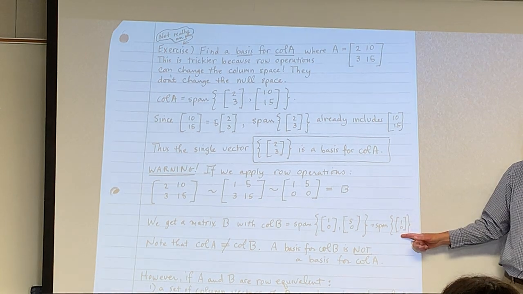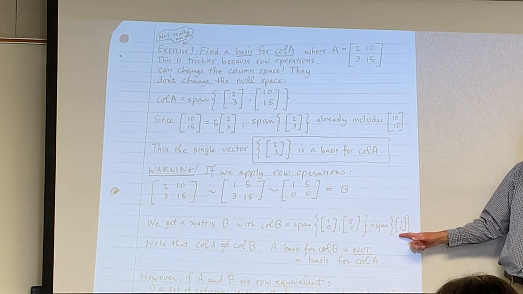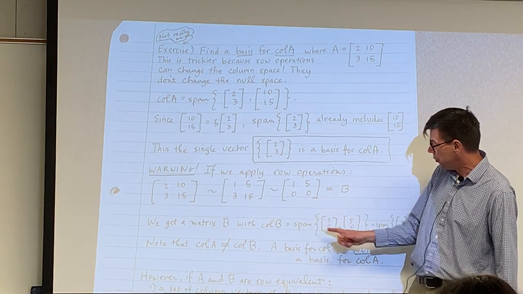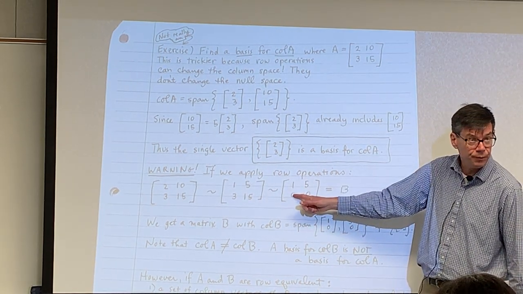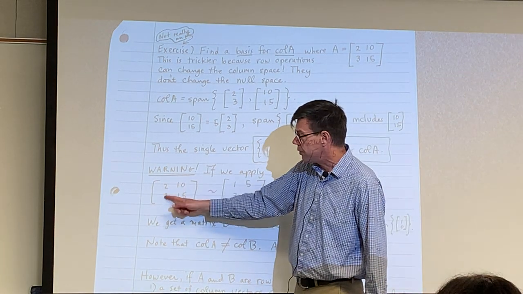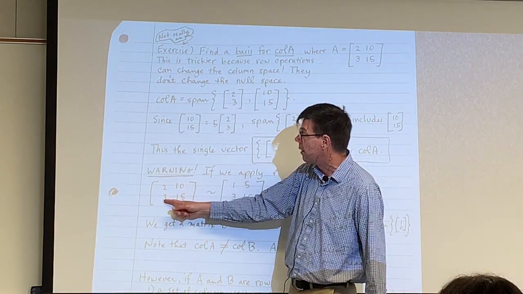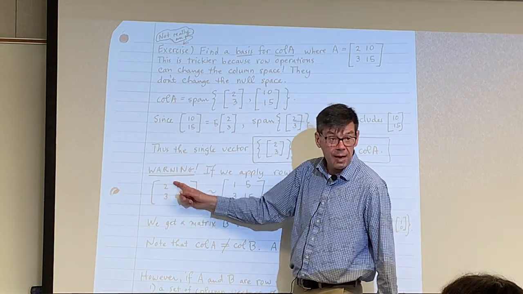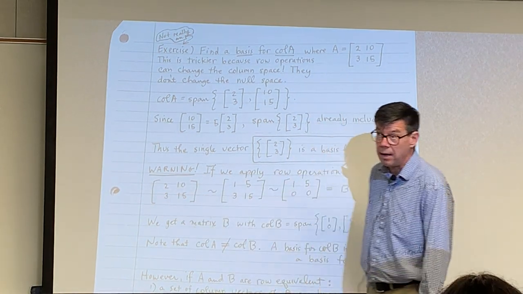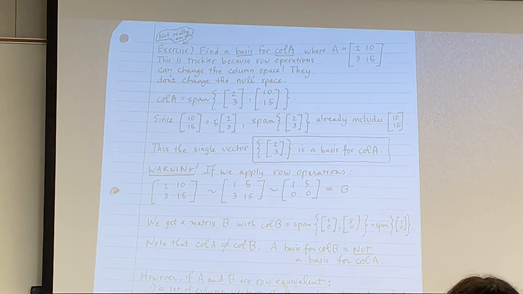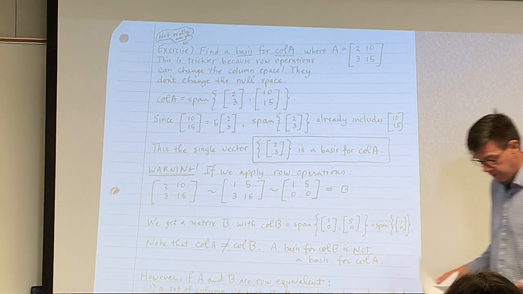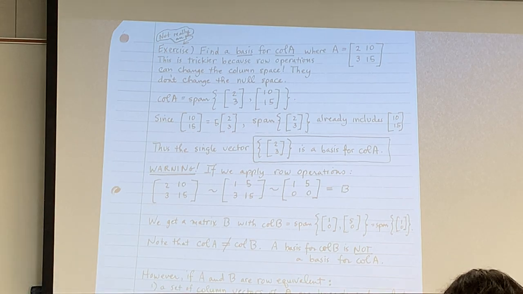That's not our answer for the column space of A. All we've got to do is go back to 1, 0. 1, 0 was the first column of the reduced form. Back up to the first column of the original matrix A. That vector will be our basis vector, in this case one vector, for the column space of A. And normally we'll end up with more than one, but let's go through an example and do some calculation here.